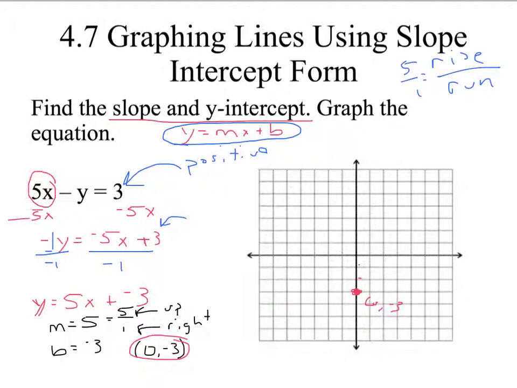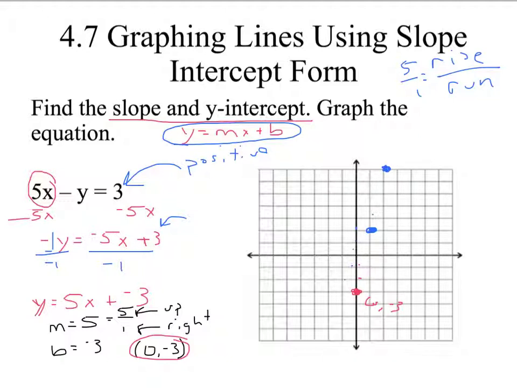So I'm going to go up 5, 1, 2, 3, 4, 5, and I'm going to go right 1 spot. And there's my point. I want 3 points, so I'm going to do it again. Go up 5 and right 1.